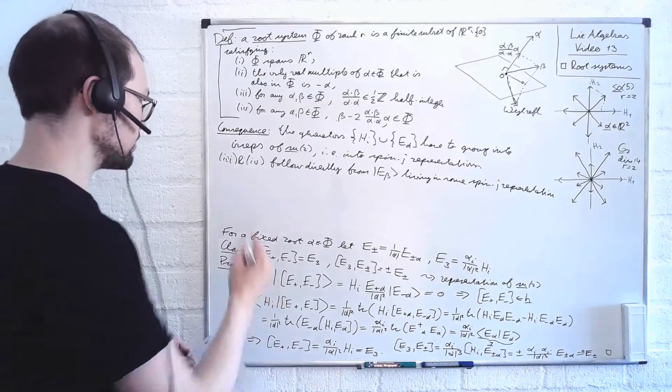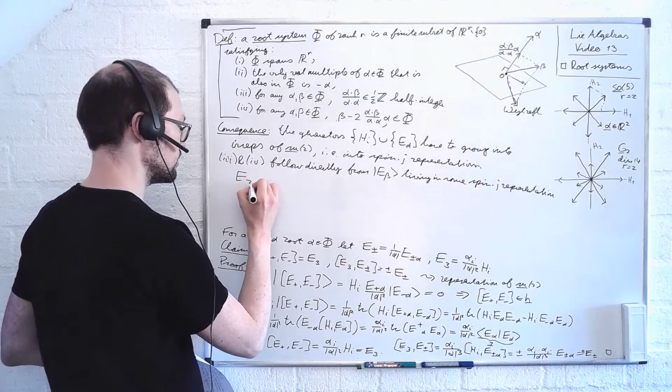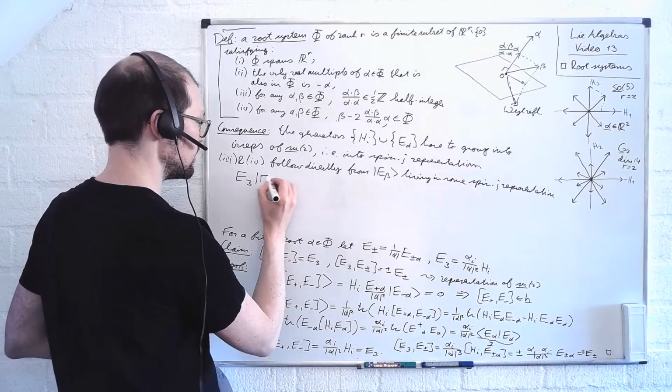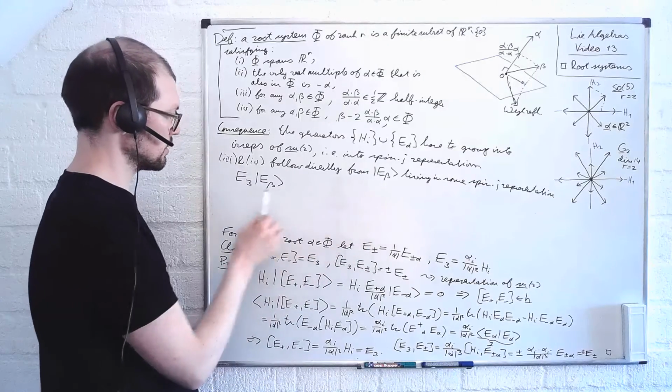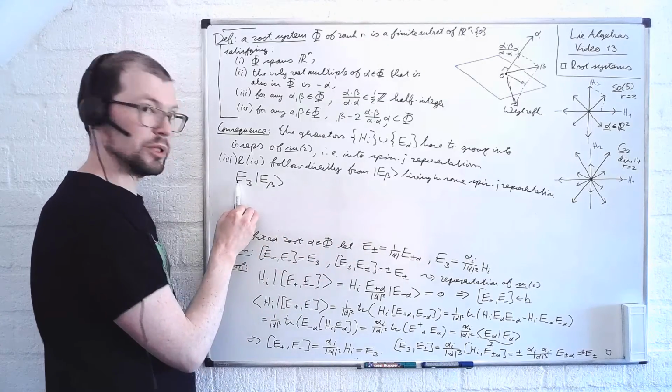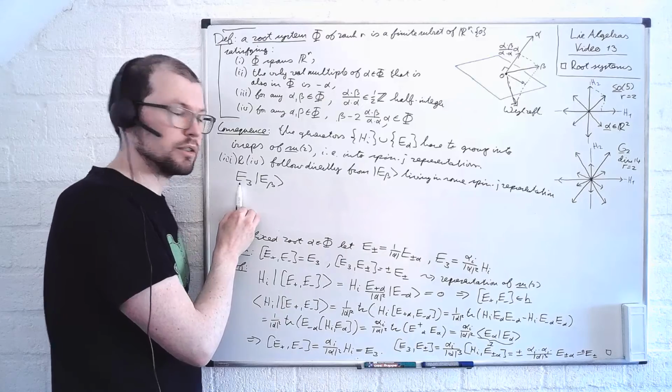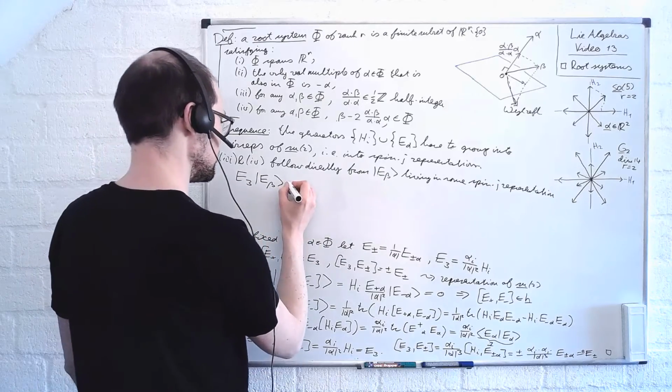I claim that for any root beta, this E of beta is going to be an eigenvector of E3, just by plugging in the definition.